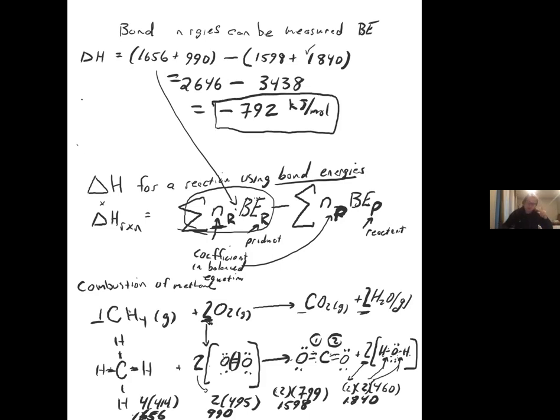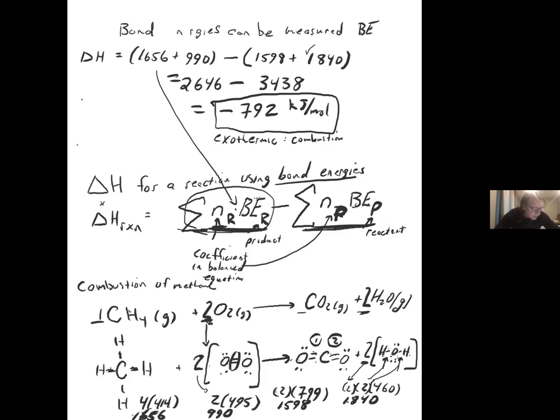Notice it's negative, right? So it's exothermic. That's consistent with what we know about combustion, right? Combustion should be exothermic. That means it's releasing energy. Here's why it's releasing energy, and this explains why things are endothermic or exothermic. What happened is we're taking the reactant energies, how strong the reactant bonds are, and we're subtracting how strong the product bonds are.